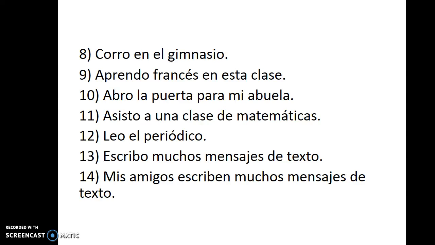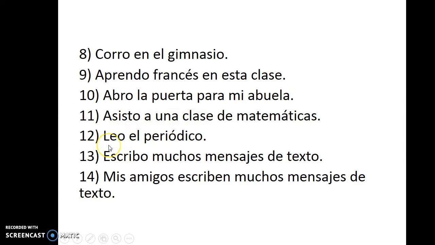The verb to assist, like to help somebody, would be a different verb. We would probably use the verb ayudar. But to attend something, we are going to use the verb asistir, and we always use this little preposition a. So if you attend a concert, you would say asisto a un concierto. If you attend a class, asisto a una clase.